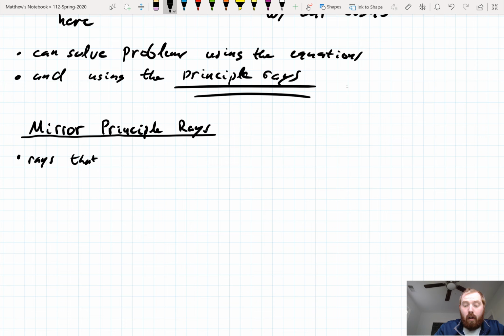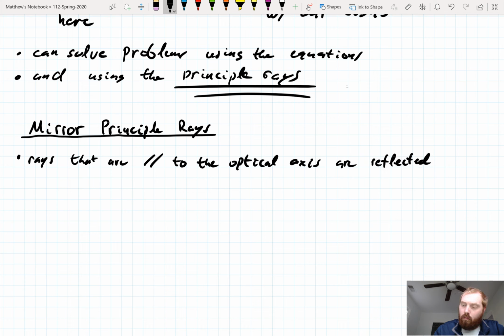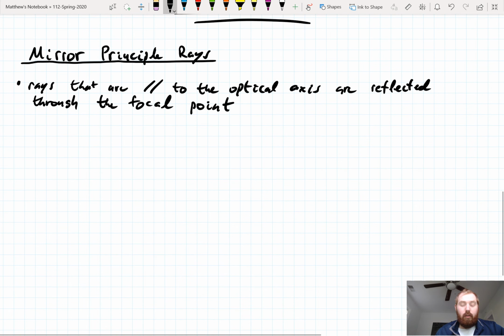Rays that are parallel to the optical axis get reflected through the focal point. All right. What do I mean here?